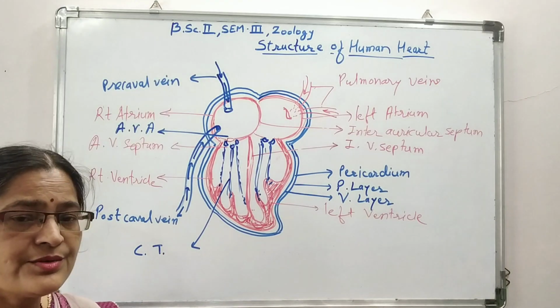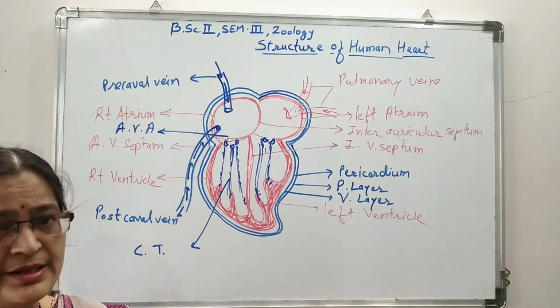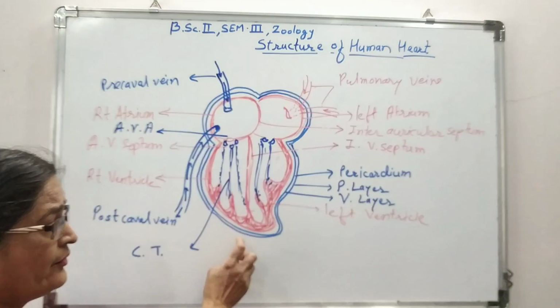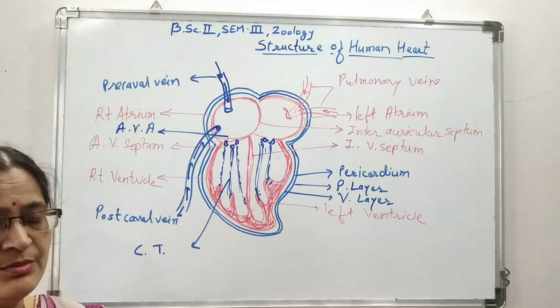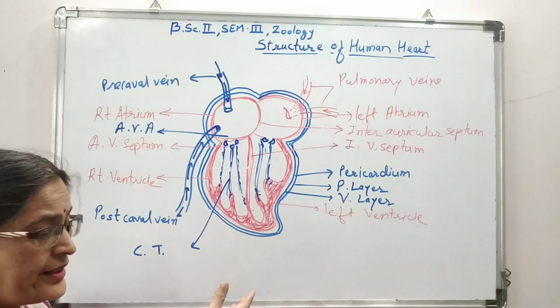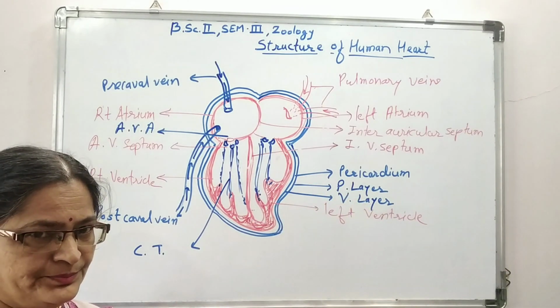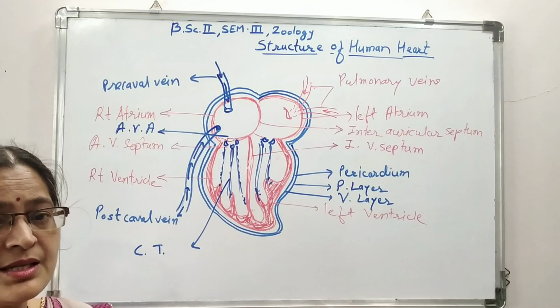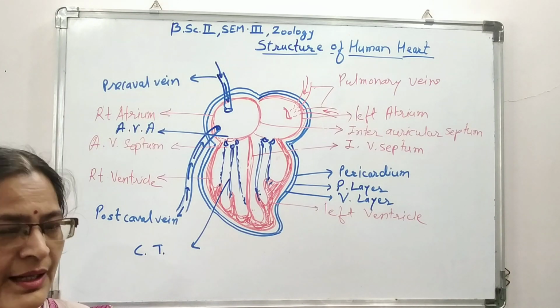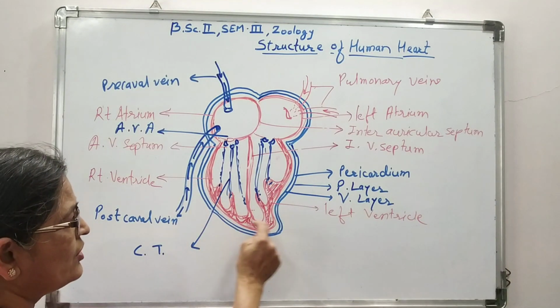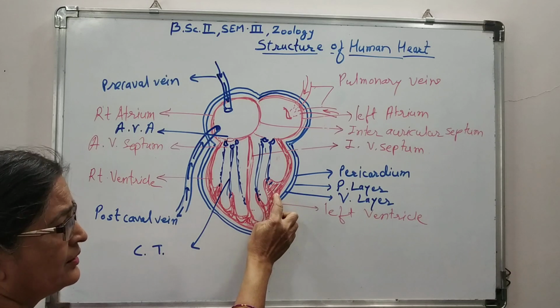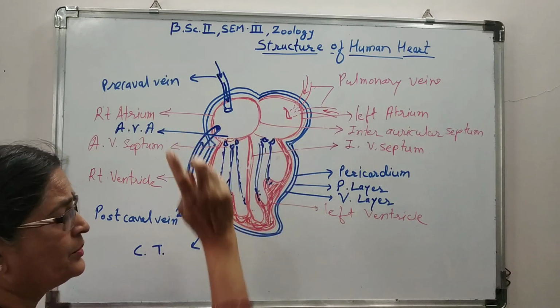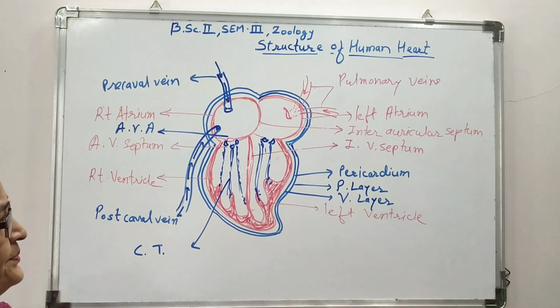Again it increases the strength of the ventricle because ventricles are the forwarding chambers. The ventricle has to push the blood. It requires more force, and that is why the wall of the ventricle is thick. It is thicker than that of the wall of the auricle.